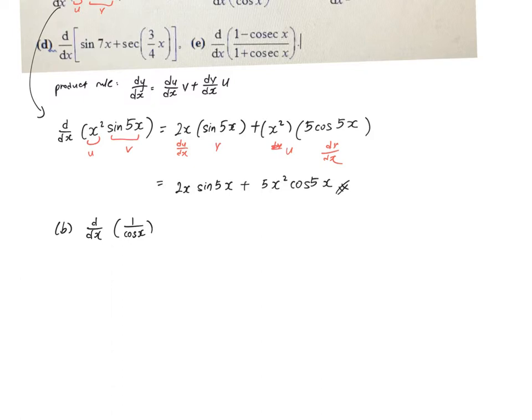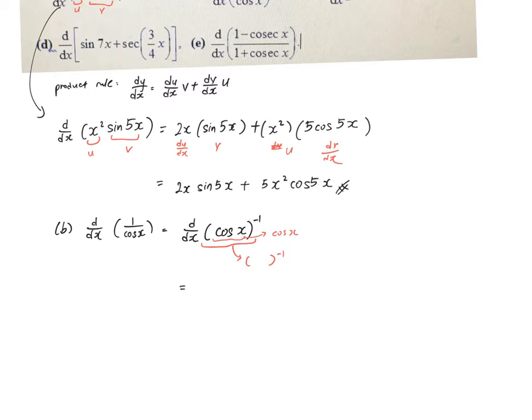If you want to show this again, you can put it in index form. Let's say I do not know that the derivative of secant is secant tangent, I can write this in index form. I see the outside function as something to the power negative 1. I see the inside function as cosine x.